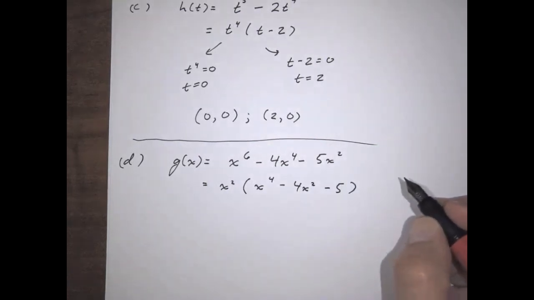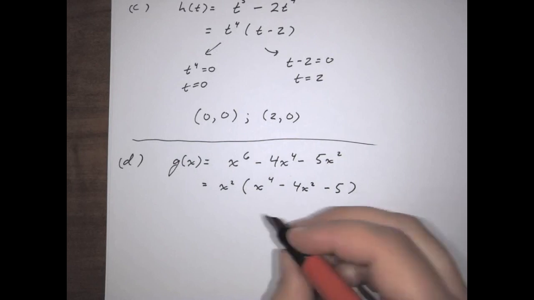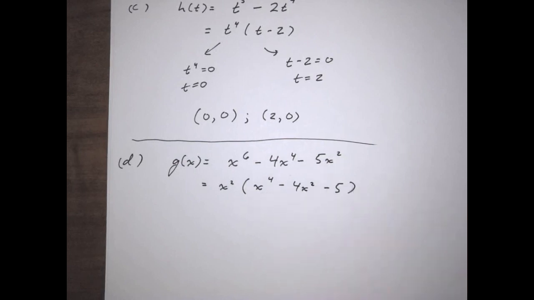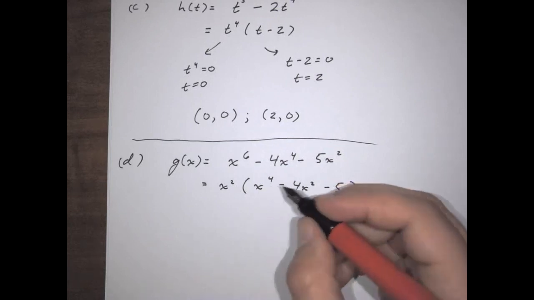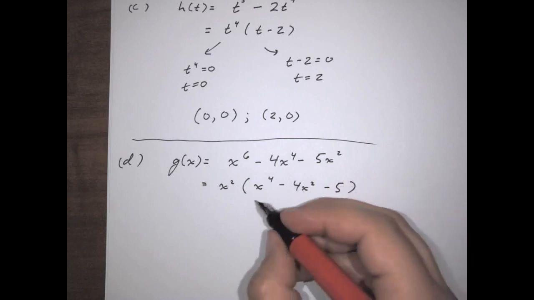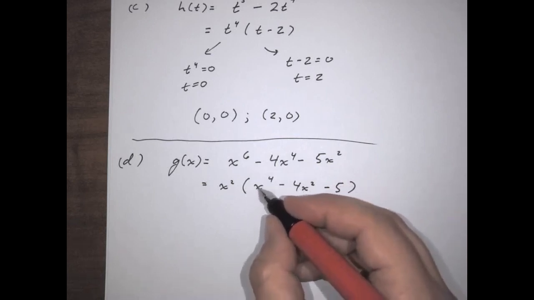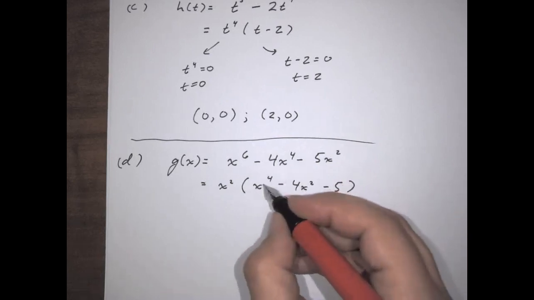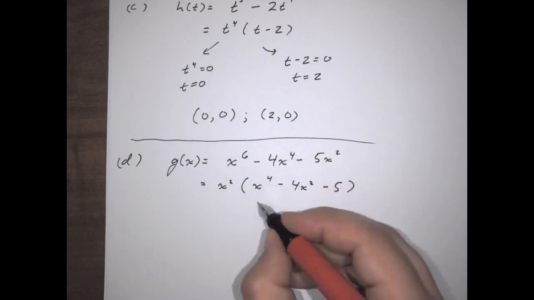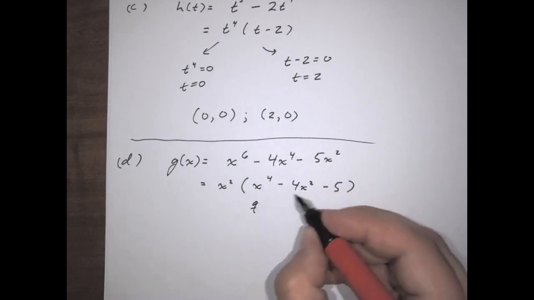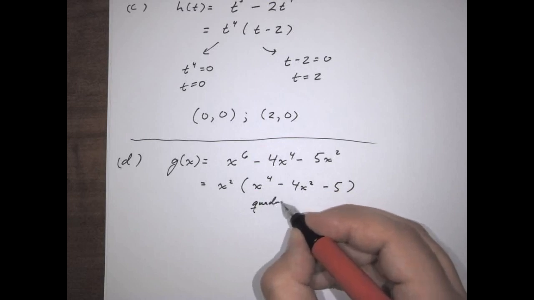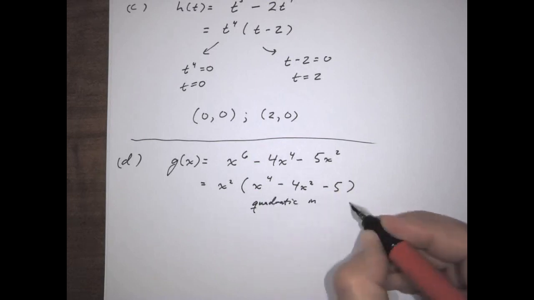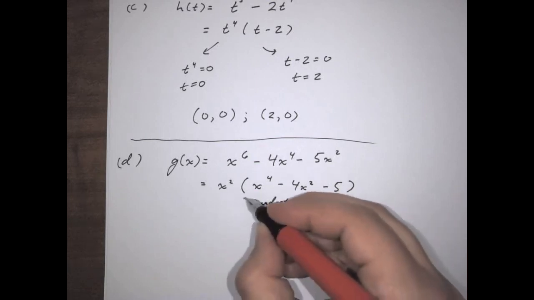Now, when we pull this out, that's going to leave us with this expression here, which is not exactly factorable in a usual sense, except that we can think of this as being quadratic in x squared. That's how you word that.